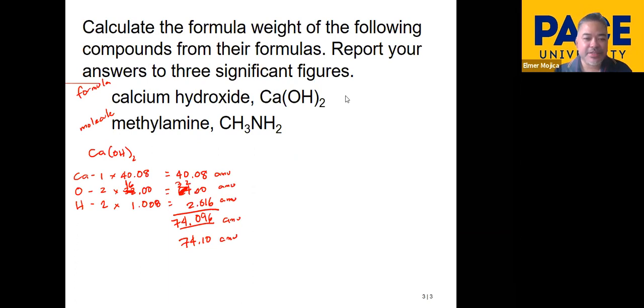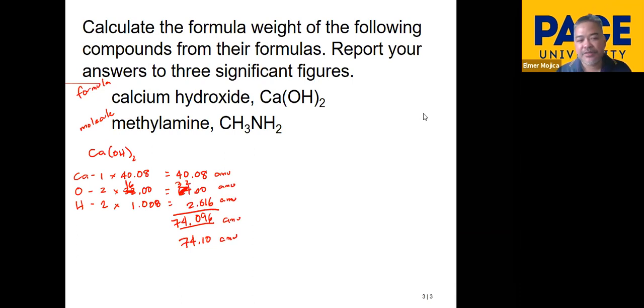I put the 32 right away there when it should be 16 times 2, the total that you have. And as you can see, this is the more reasonable one. So 40 plus 32 will give you 72 plus 2. Thank you for the correction.